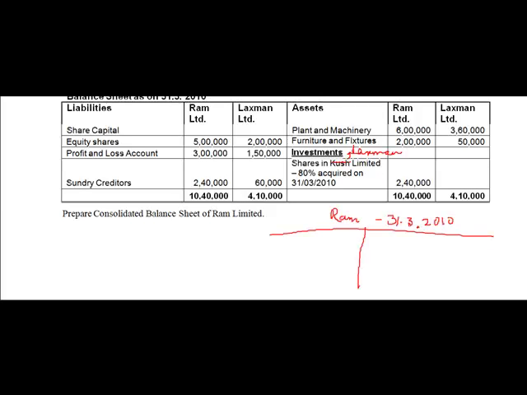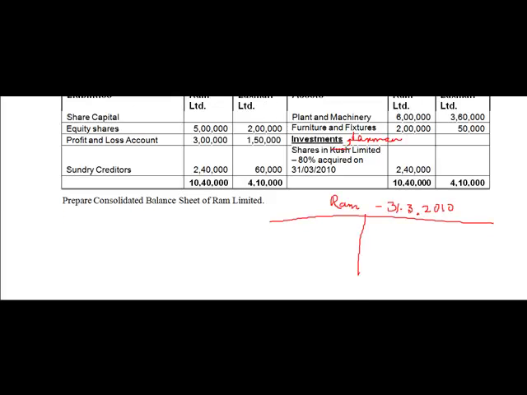So I move on with the right hand side. The idea here is that I need to consolidate them. So my plant and machinery, which is 6 lakh, plus I add it for Lakshman, which is 3,60,000.